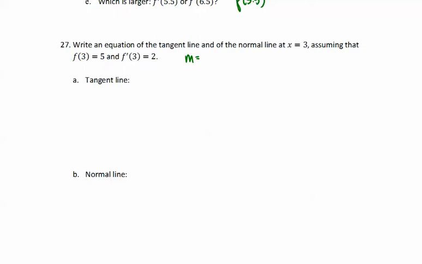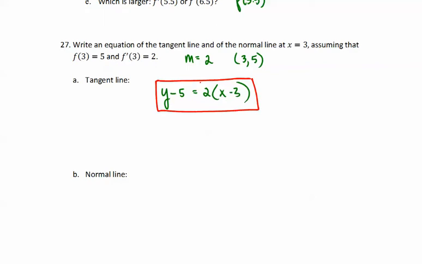If we want the tangent line at x equals 3, we need the slope at x equals 3, and that's just 2.